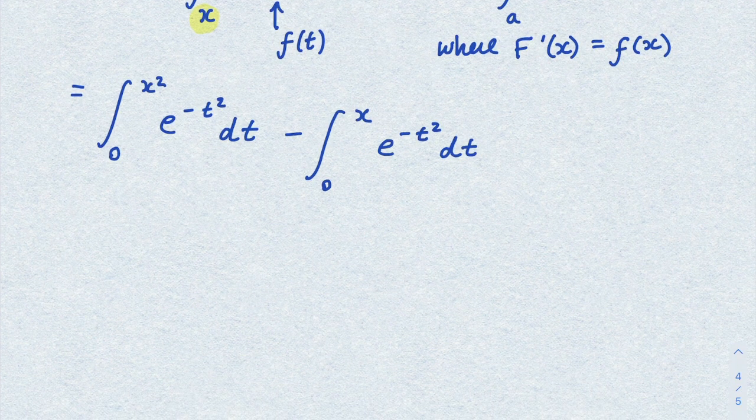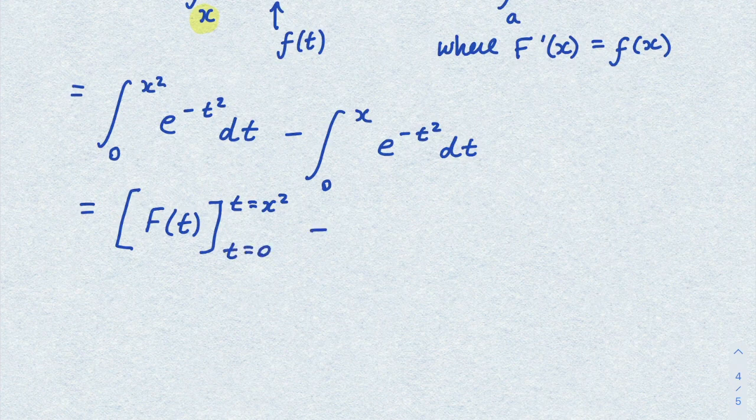The integral of lowercase f is the antiderivative uppercase F. So that's equal to uppercase F of t, and our limits are t equals x squared and t equals 0, and we're subtracting again the antiderivative uppercase F of t, and our limits are t equals x and t equals 0. Again, I can give both of these functions the exact same antiderivative uppercase F of t because they are the same function.